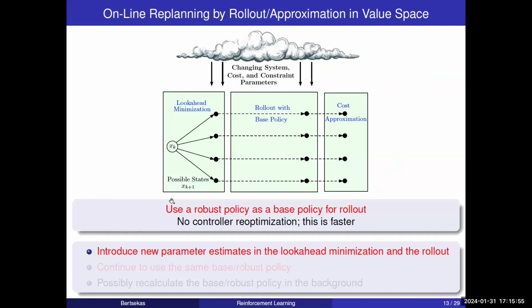And what we have is the approximation in value space architecture that we have been using. At state xk, we minimize over the next possible controls, consider all possible next states, and then take a cost function approximation, perhaps with intermediate rollout with a base policy.